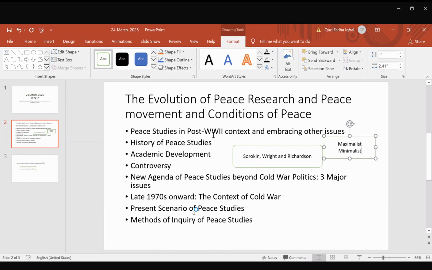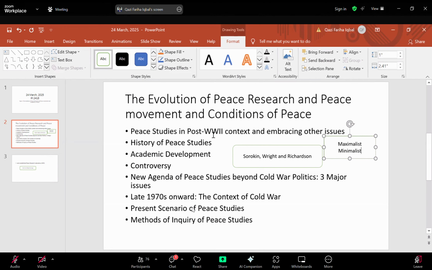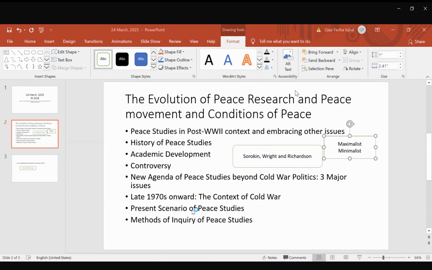Number 2: it has emerged as interdisciplinary. It has introduced interdisciplinary approaches.